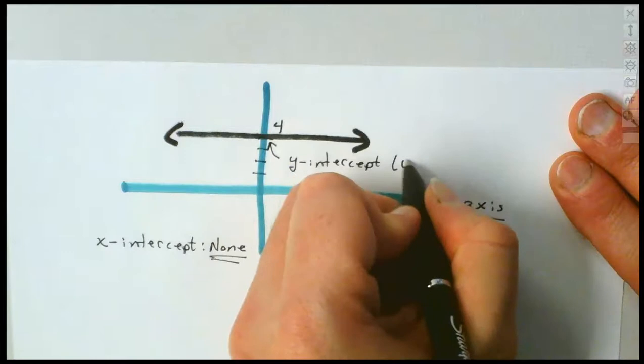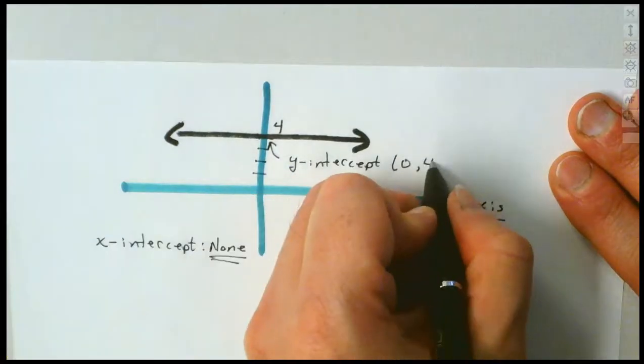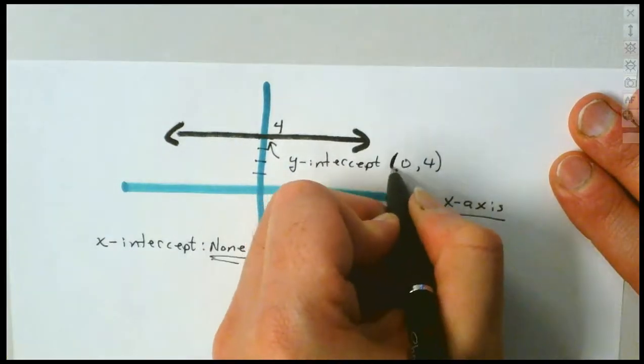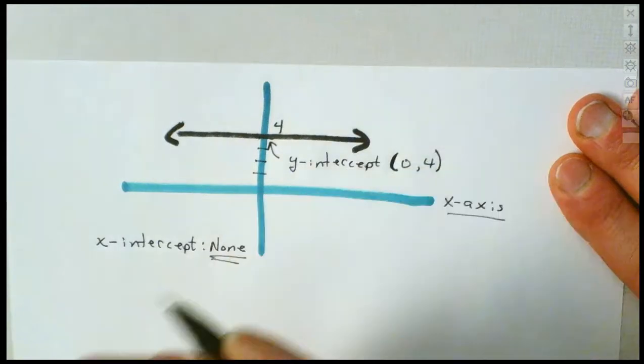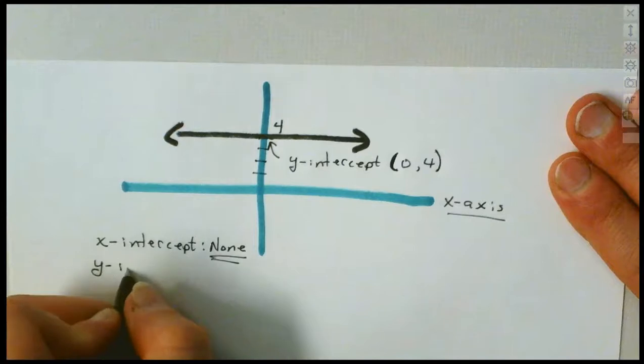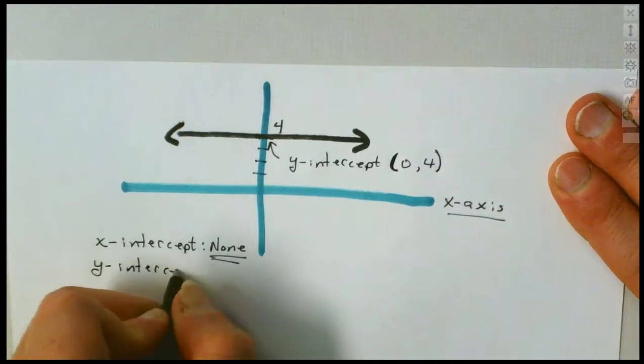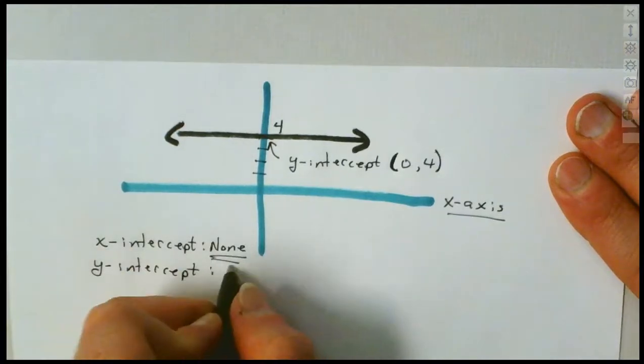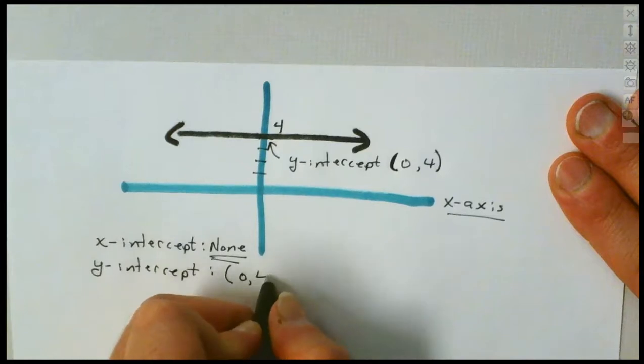And that's going to be written as an ordered pair. Has to be an ordered pair. You just can't write 4. That doesn't work. You have to write down the ordered pair. So my y-intercept as an ordered pair would be 0, 4.